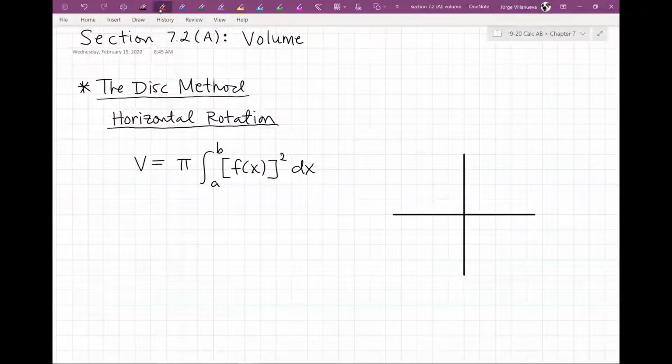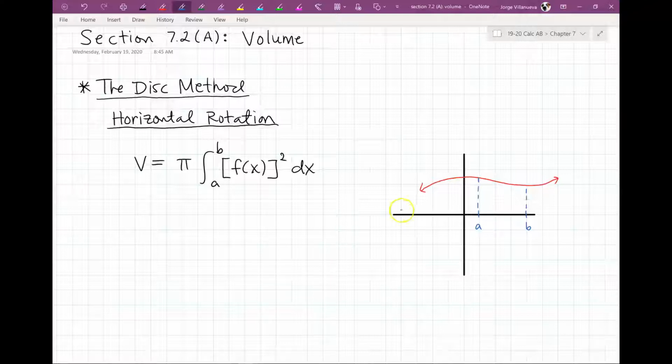So if I were to draw a graph that looked like this, and I tell you that this is a disk, I'm just going to go from a to b right here. And here's the area of it. And this thing is being bounded by the function, by a, b, and by the x-axis.